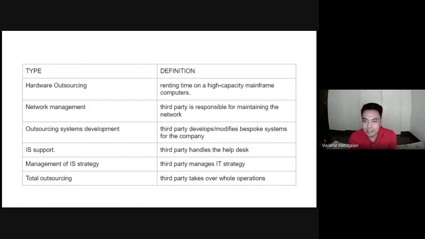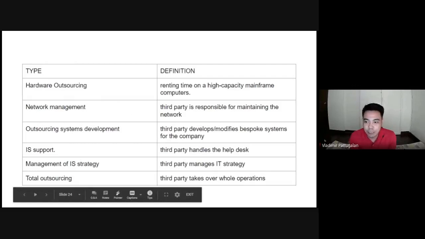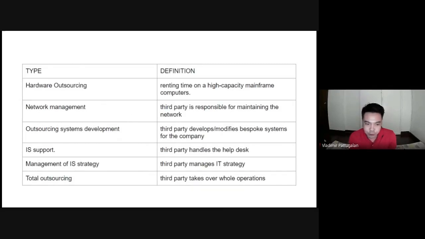And the next type of outsourcing would be network management. This is outsourcing just the function of managing the network to a third party. And then the third type is outsourcing systems development, where the third party develops and modifies bespoke systems for the company.